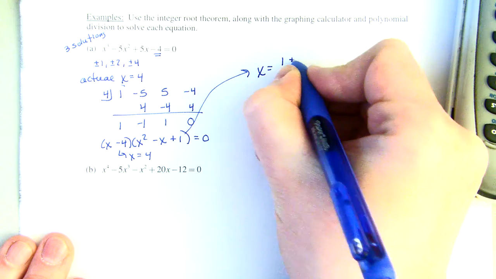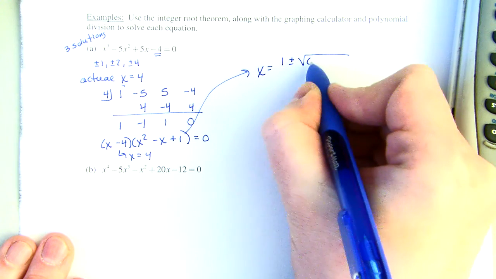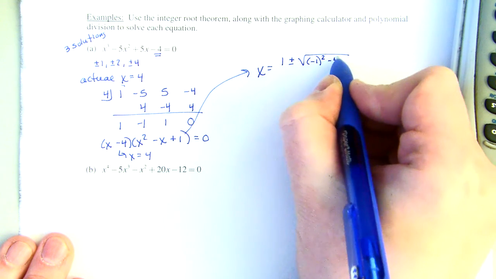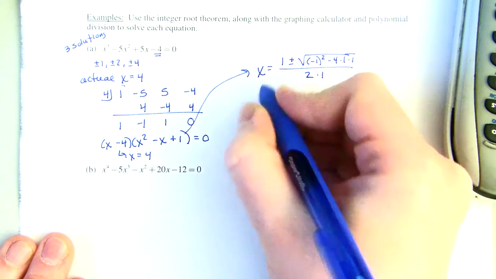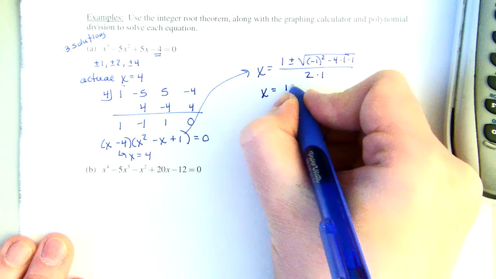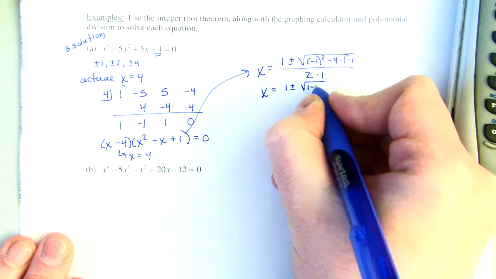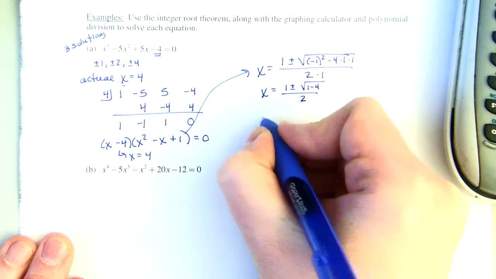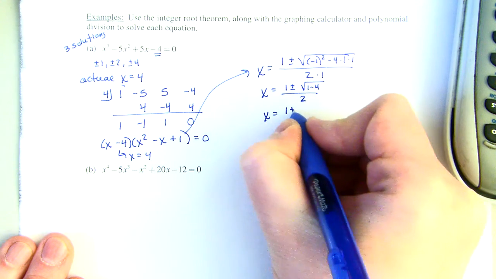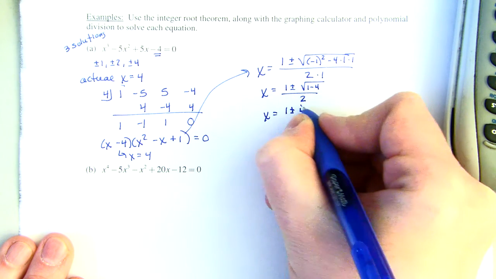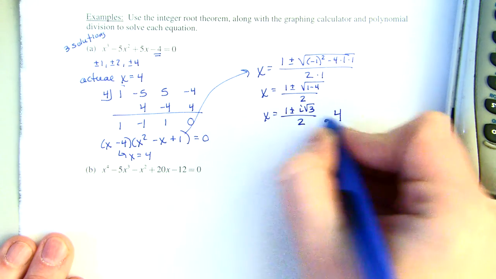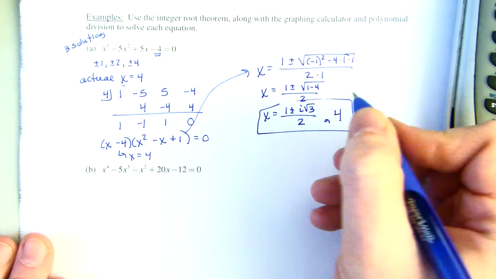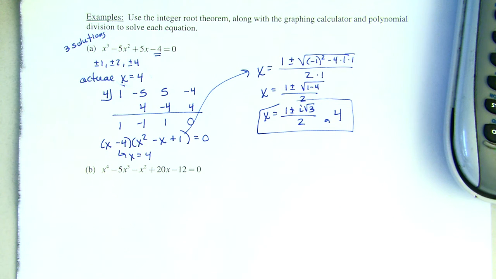Negative b, 1, plus or minus the square root of b squared minus 4 times a times c, all over 2a. 1 plus or minus square root of 1 minus 4 over 2. 1 plus or minus square root of -3, how about I go right to i root 3 over 2. My three answers are 1 plus or minus i root 3 over 2 and 4. Those are my answers.